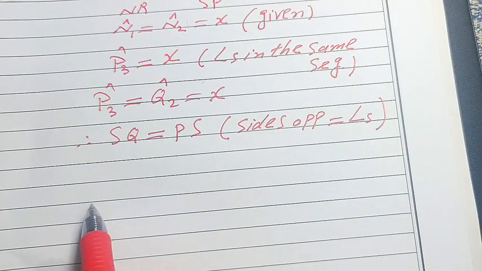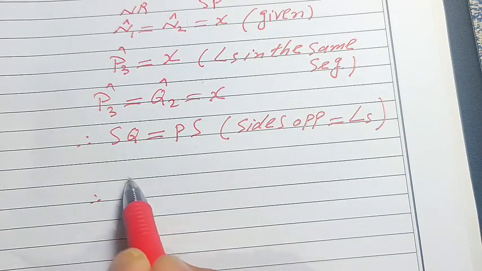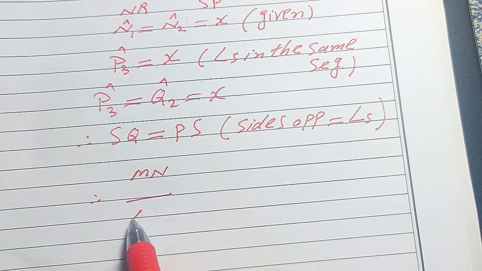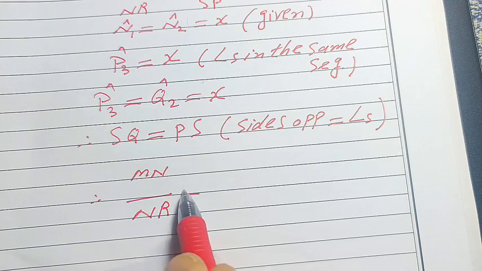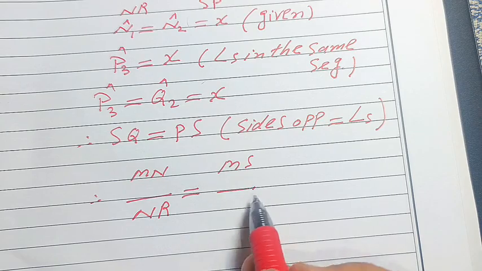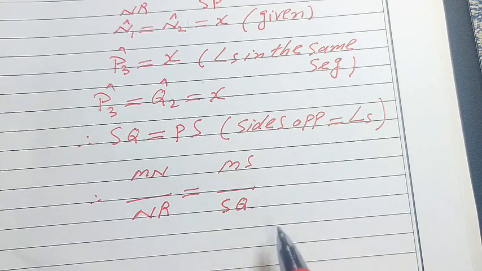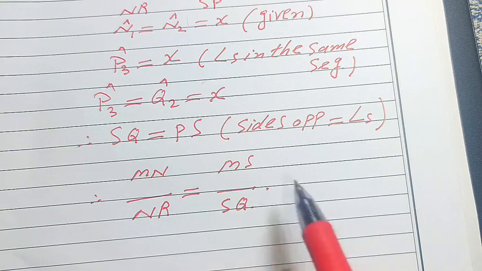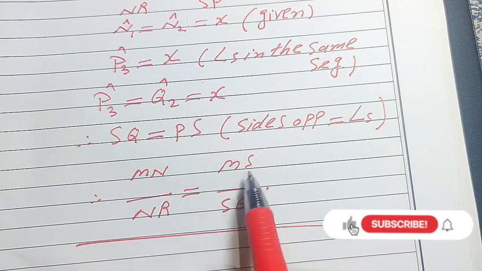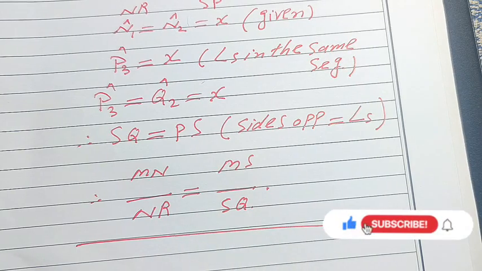Therefore MN over NR is equal to MS over SQ. Hence proved.